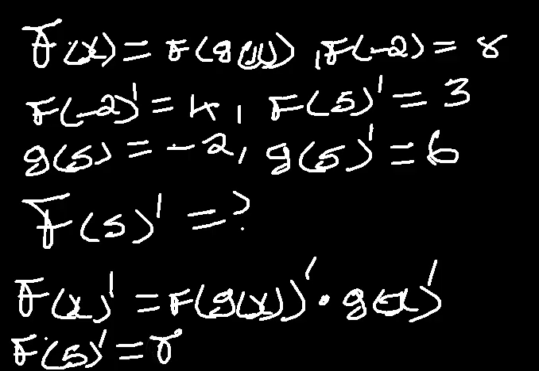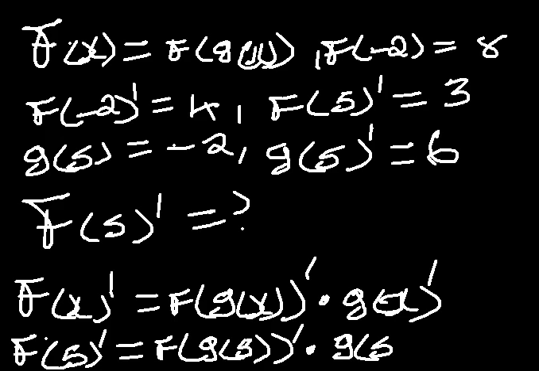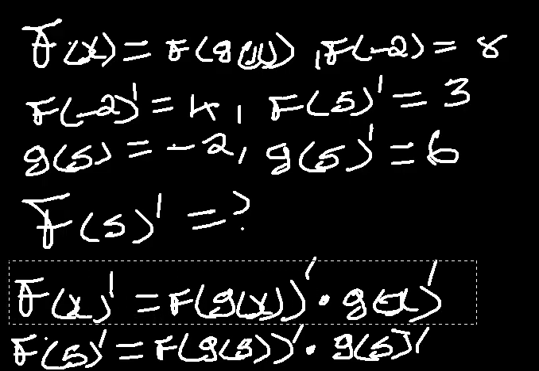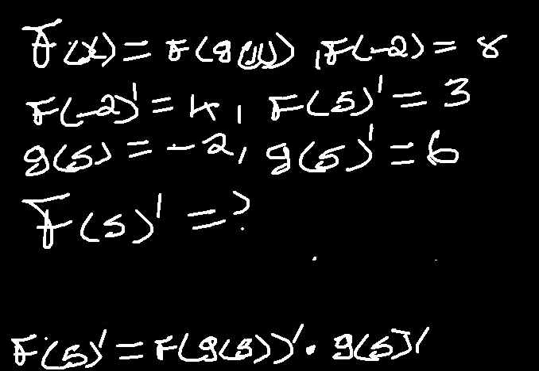We have small letter f of g of 5, times g of 5 prime. That, and what will be that? Then it is the matter of substitutions there, and let's see how we can work it out.